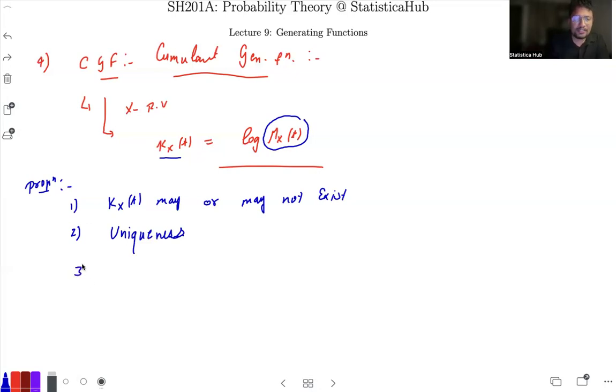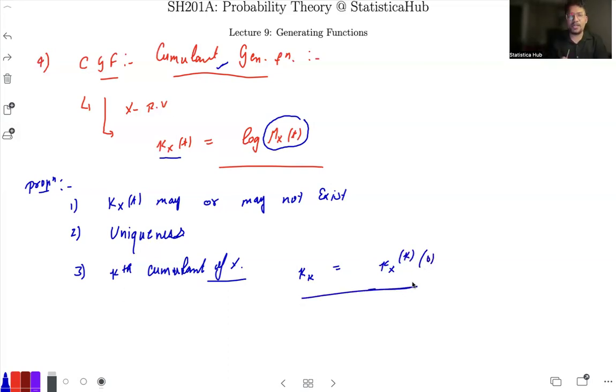As the name says, cumulant generating function, you can find the kth cumulant of x by this form. The kth cumulant comes out to be the kth derivative of the cumulant generating function, keeping t equal to 0.